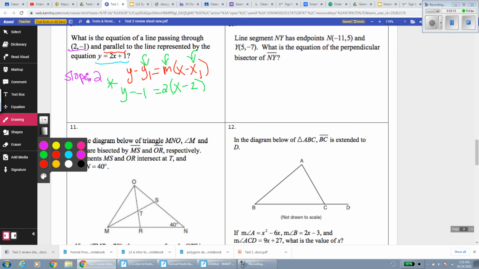So I'll show that now just in case you're asked to do that. So y minus -1 is y plus 1 equals 2, let's distribute the 2 to everything in the parentheses. That's 2x minus 4. And finally, let's subtract 1 from both sides. We have y equals 2x, -4 minus 1 is -5.